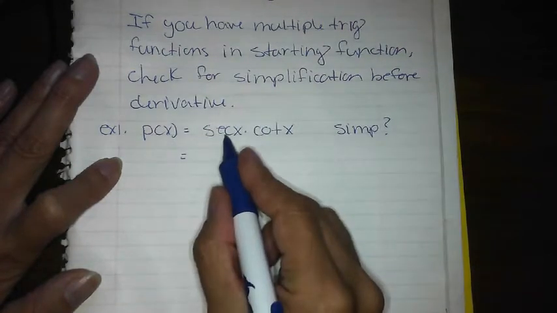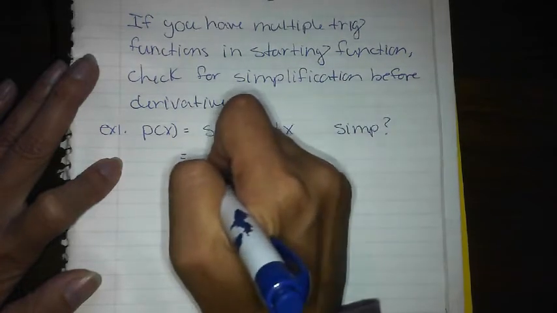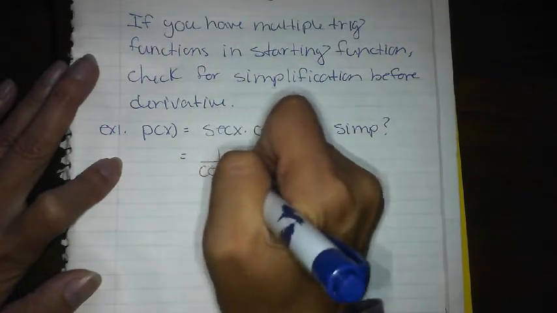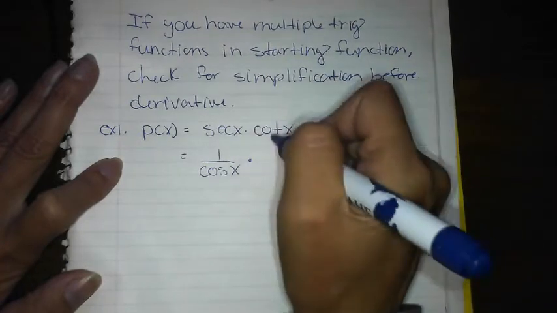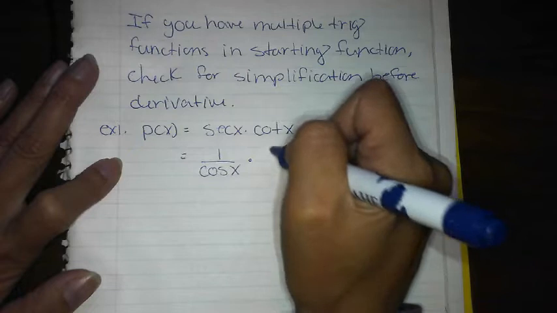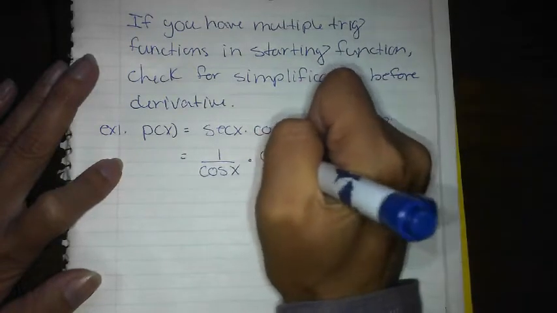So remember, secant is 1 over cosine. So this is memory, or look on that blue sheet. It's the reciprocal identity. Cotangent, yes, it's 1 over tangent, but I want to see sines and cosines. If you look, cotangent is cosine over sine.